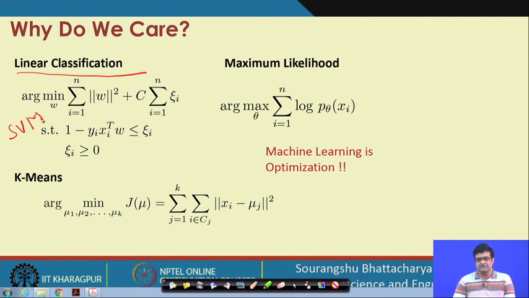Another set of problems which are very common in machine learning is to estimate parameters of a probabilistic model using the maximum likelihood paradigm, and again that happens to be an optimization problem of this form. Again, there are problems in unsupervised learning like k-means clustering, which also involve solving an optimization problem of this particular form. So, this appears multiple times in many machine learning contexts.